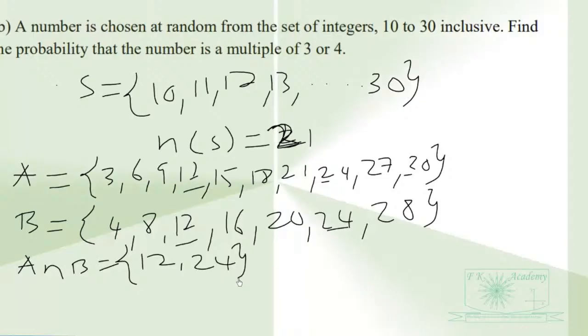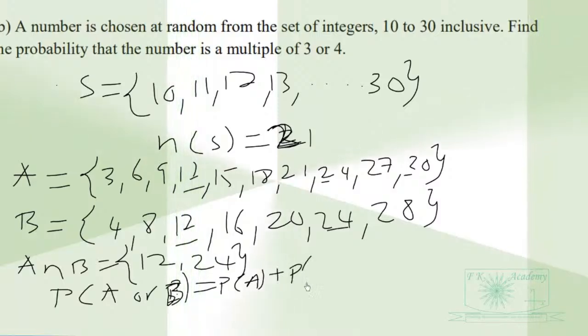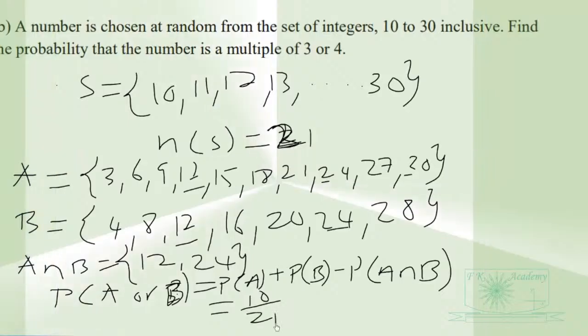So probability of A or B will be equal to probability of A plus probability of B minus probability of A intersection B. You can show that n of A over n of S, n of B over n of S, n of A intersection B over n of S before coming here.